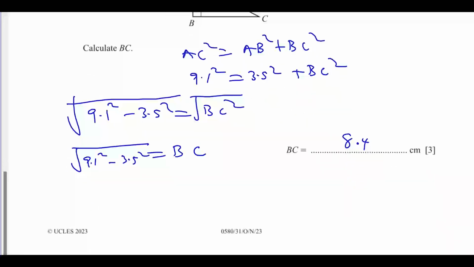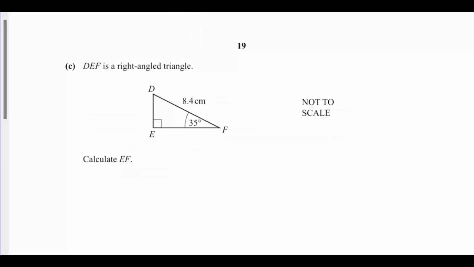That will be question 10C. DEF is a right angled triangle. Calculate EF. EF is adjacent, and we have the hypotenuse. So we can use SOHCAHTOA, then CAH. We have adjacent and hypotenuse, so we are using cos. We can say cos theta, and in this case theta is 35.